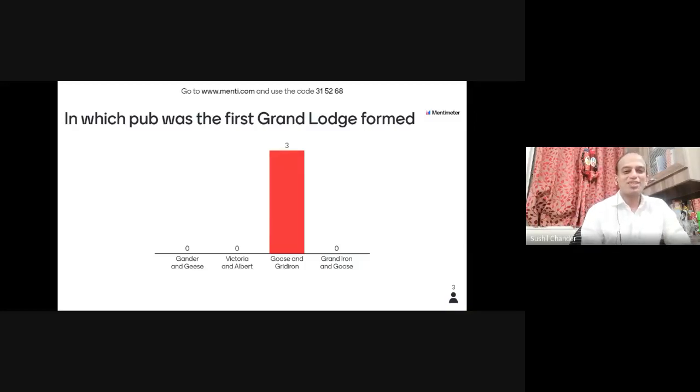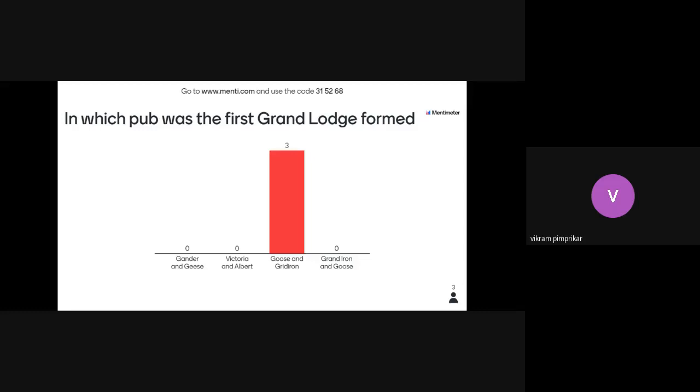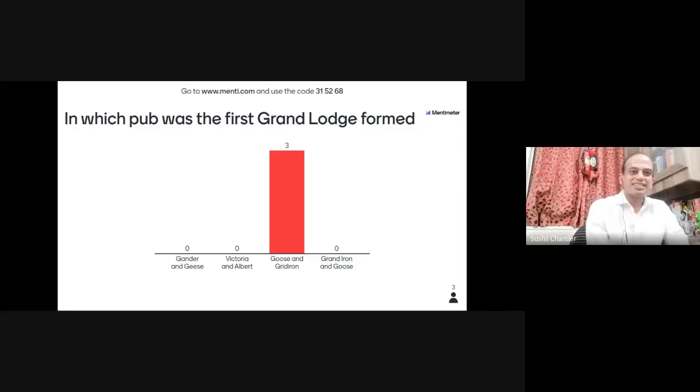So the quiz takes care of actually one or two paragraphs. So it seems like a song in an Indian movie. Can you repeat the code, Brother Sushil? 315268. So this also reminds me, Indian movie.